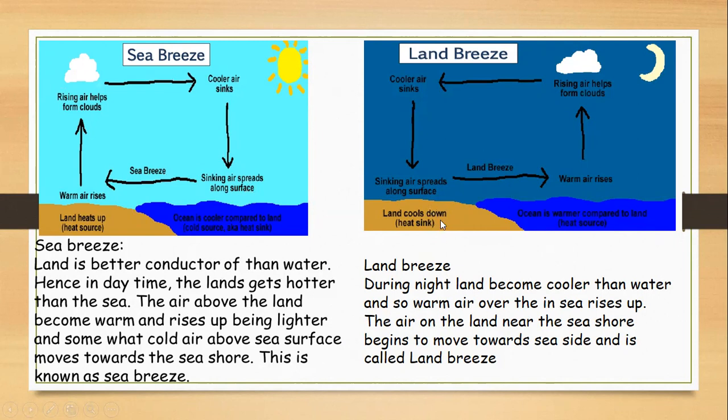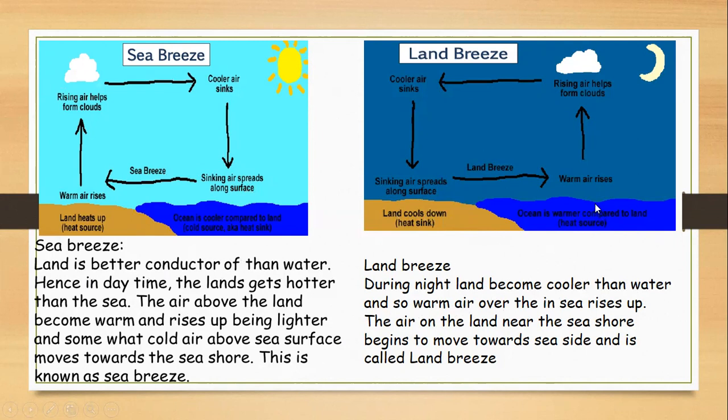So this is the mechanism of the sea breeze, and it forms a convection current. The land breeze occurs during the night time, while the sea breeze occurs during the daytime. At night the land, as it heats up quickly, similarly cools down very quickly, so land becomes cooler than water.